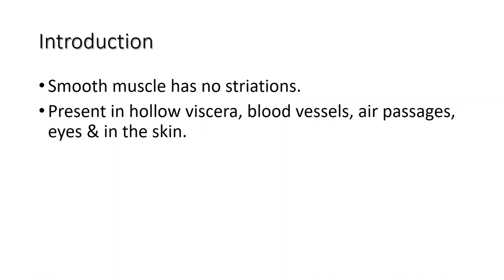Smooth muscle is also present in the eyes, where it functions to change the size of the iris and alter the shape of the lens, and in the skin, where it causes hair to stand erect in response to cold temperature or fear.